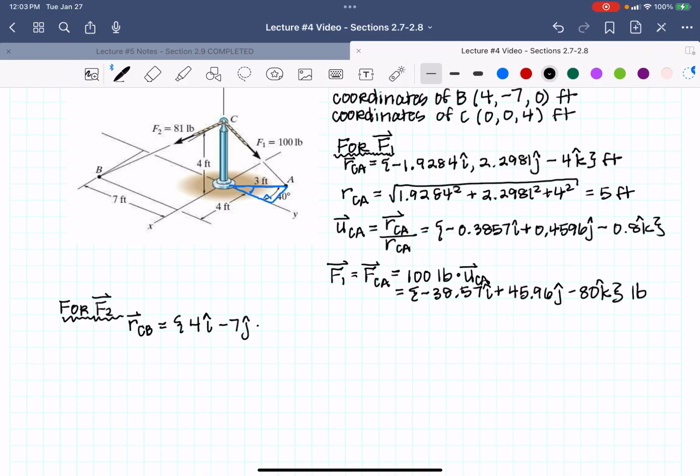And 0 minus 4 is going to give me negative 4 in the k hat. And that is in feet. And I also need to calculate the magnitude of the position vector, which is going to be square root of 4 squared plus 7 squared plus 4 squared, which, when I put all that in my nice little calculator, I get 9 feet.